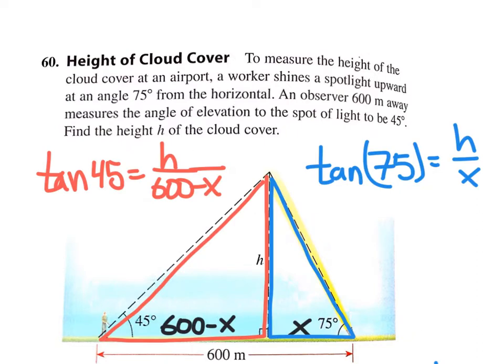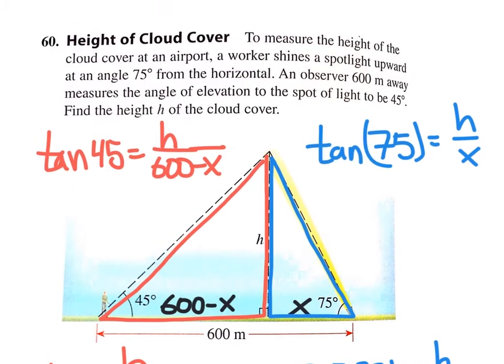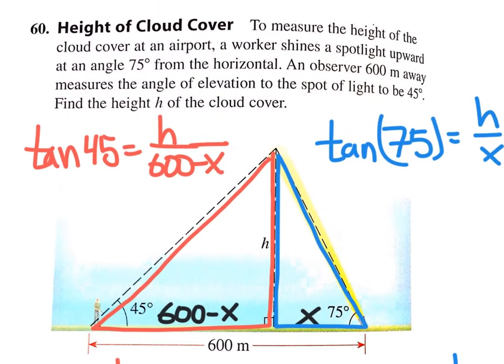Because we don't know this distance and we don't know this distance, but we do know that together they equal 600 meters, let's call this short distance x, in which case this one would be 600 minus x. We could have called this x and this 600 minus x, and it would work out just as well.